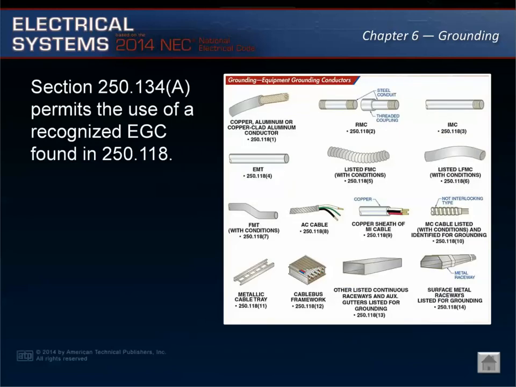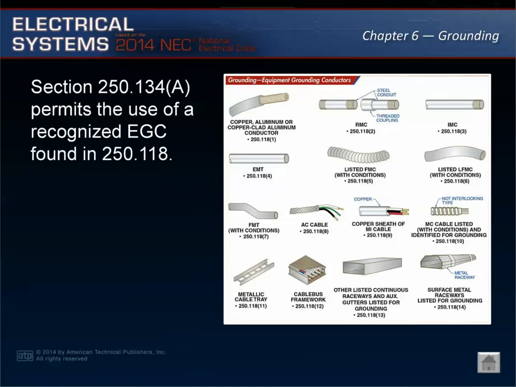This section requires that all non-current carrying metal parts of equipment, enclosures, etc., which are required to be grounded, shall be grounded by one of 2 methods. The first method, given in 250.134(A), permits the use of a recognized equipment ground conductor found in 250.118. 14 different listings under this section could be used as the equipment ground conductor for fixed equipment.